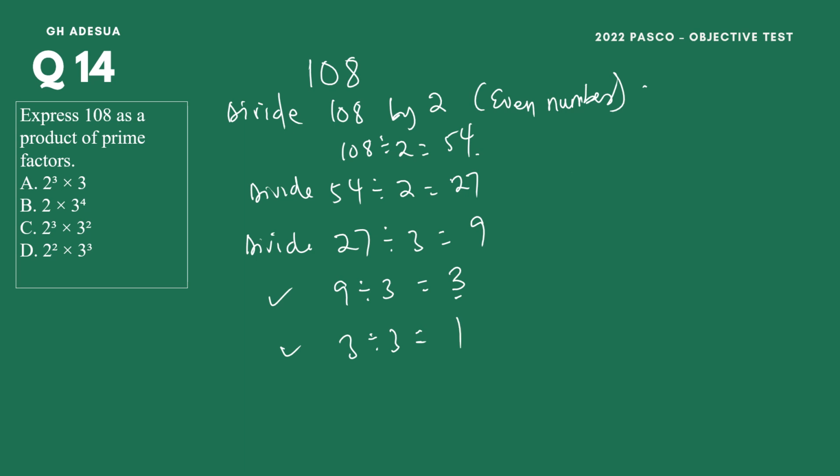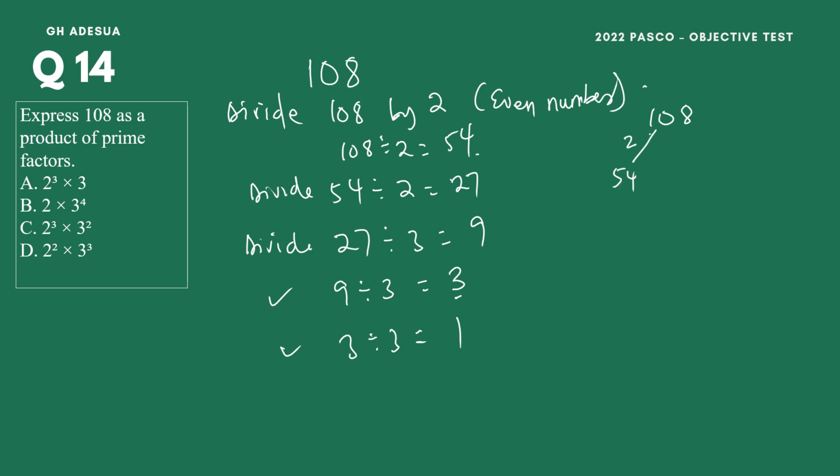Now, if others want to write this, they can choose to do it this way. We have 108, which is an even number. 2 goes into 108, and we have 54.